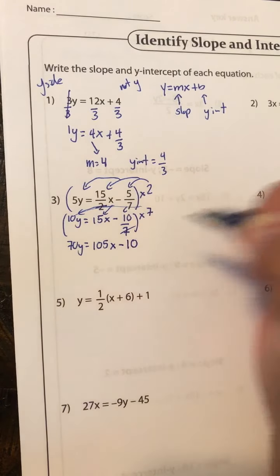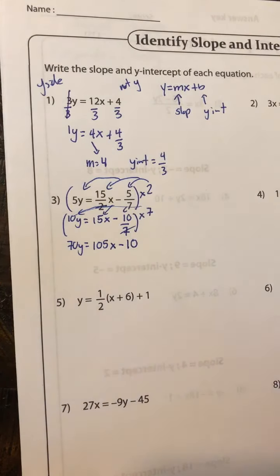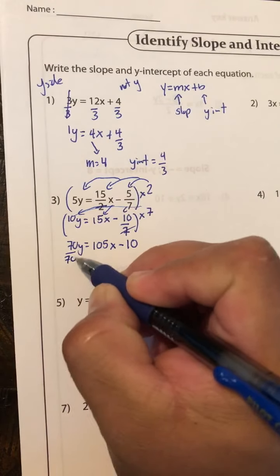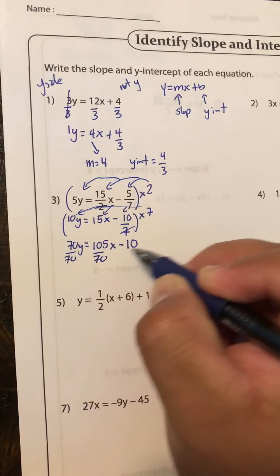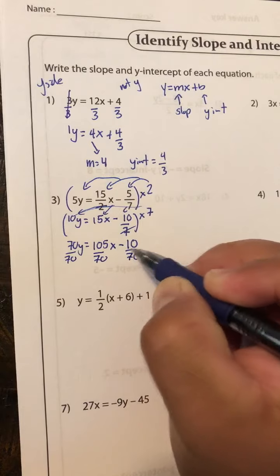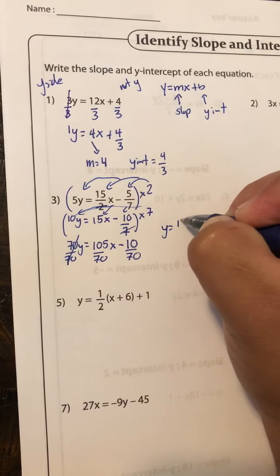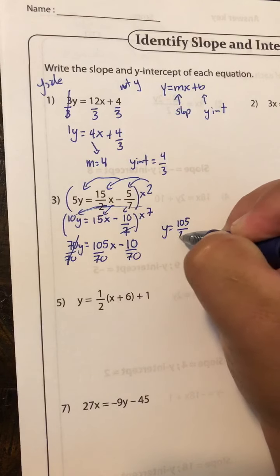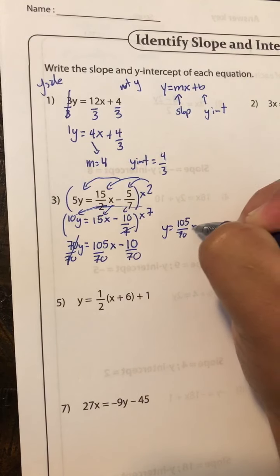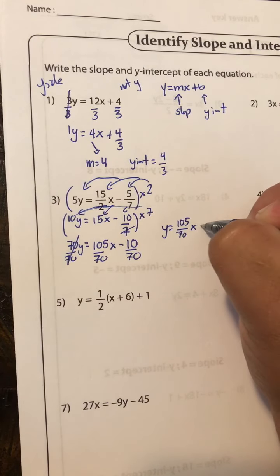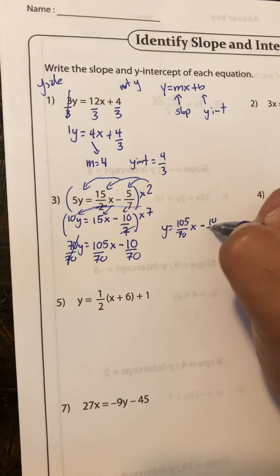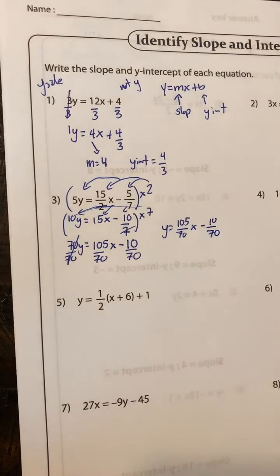And this will just be 10. So we're really close. We'll just divide by 70. Divide by 70, divide by 70. So we'll get y equals 105 over 70x minus 10 over 70.